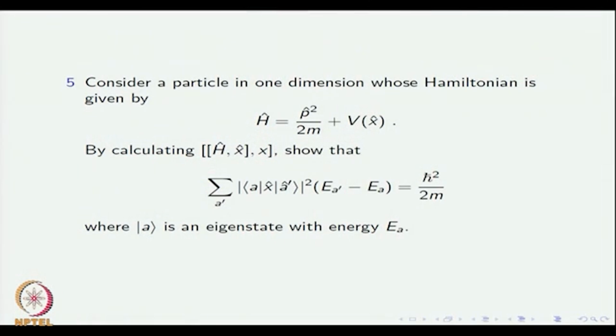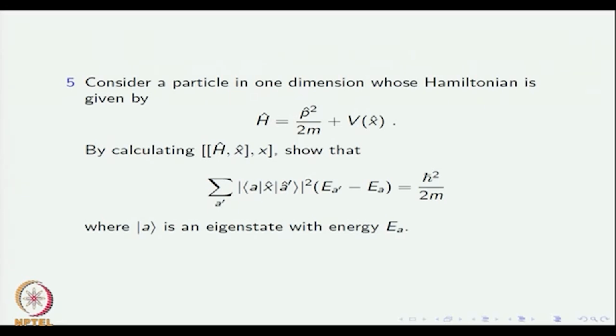So, with this example, let us go to the fifth problem. The fifth problem is: you consider a particle in one dimension whose Hamiltonian is given by, as in the previous example, H is p squared upon 2m plus V of x. Taking the same Hamiltonian, we have to calculate the commutator of H and x, again commuted with x.